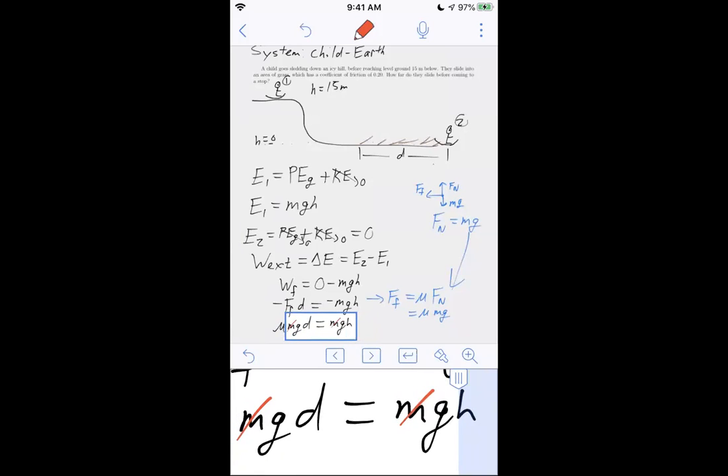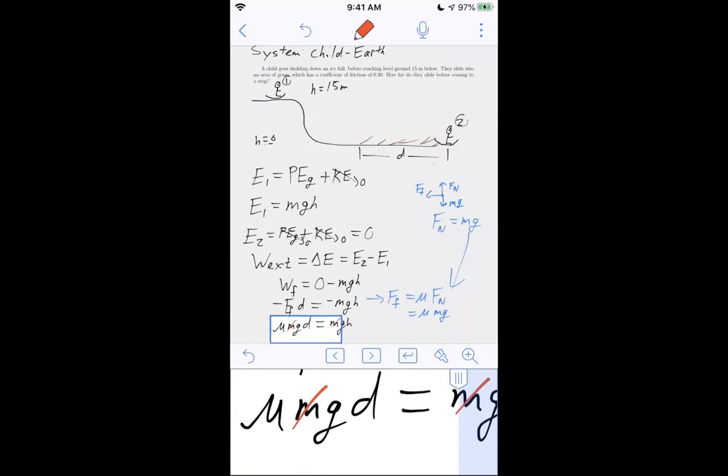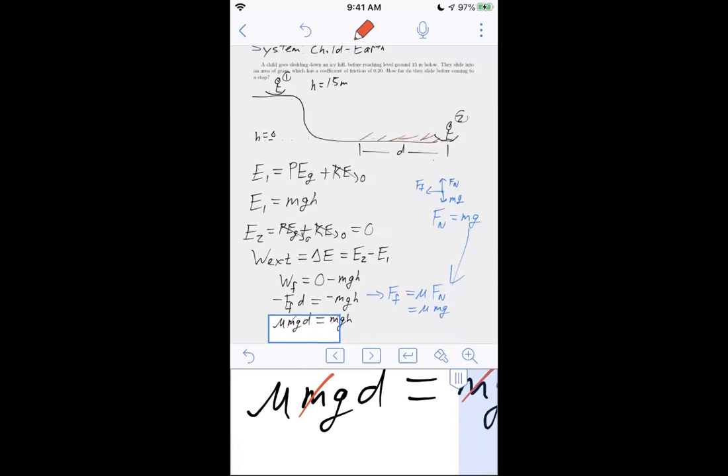And then we're trying to find the displacement, how far the child is able to sled through the grass. So I'm trying to solve for d, so that means I should divide by mu times g on both sides. Oops. Mu, that's a terrible mu.